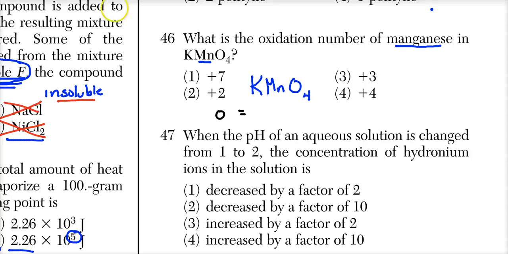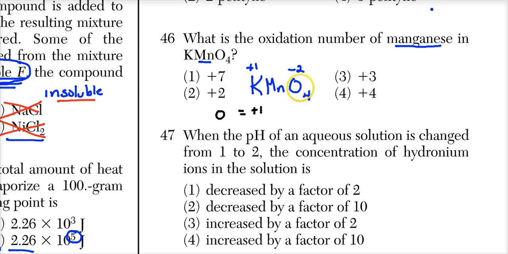Okay, so I'm going to start with the ones I know. I know that potassium is +1 individually. Since there's only one of them, it's +1 overall. Now, oxygen is -2 individually. We got this right from the periodic table, the charge it likes to become, upper right-hand corner, we just saw them.